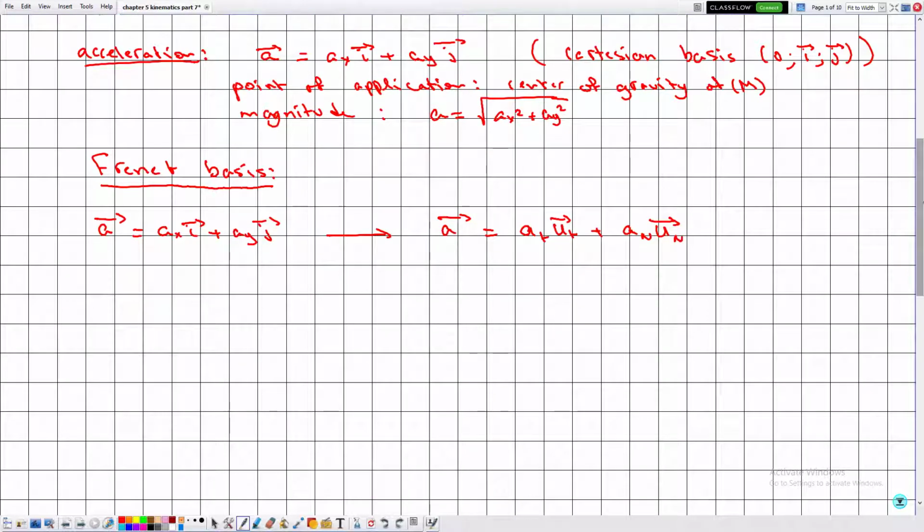So let me write down here that a is equal to at ut plus an un, and let me introduce each quantity.